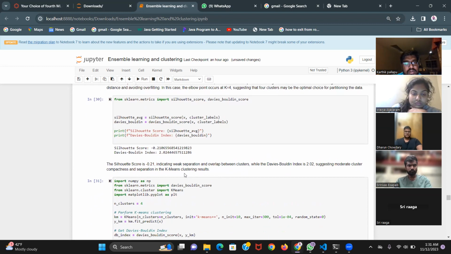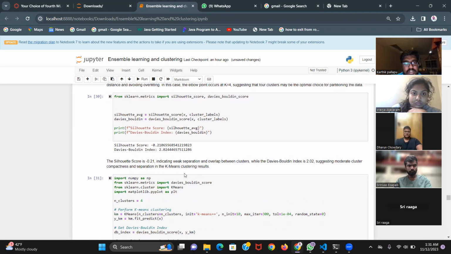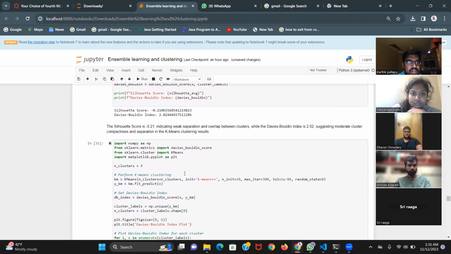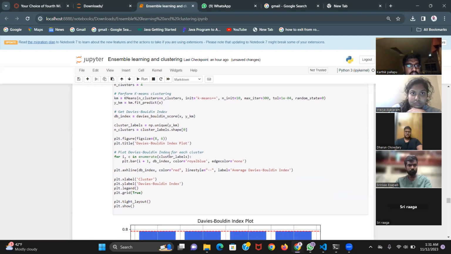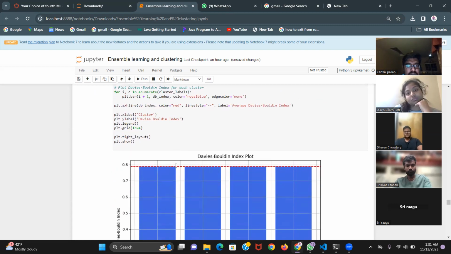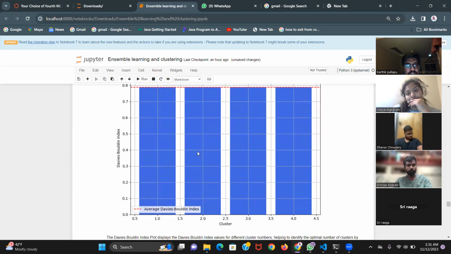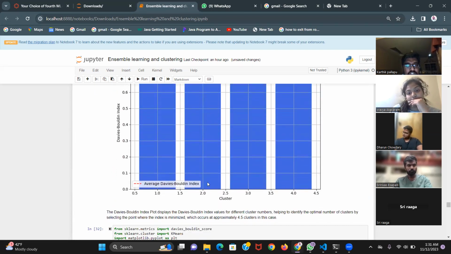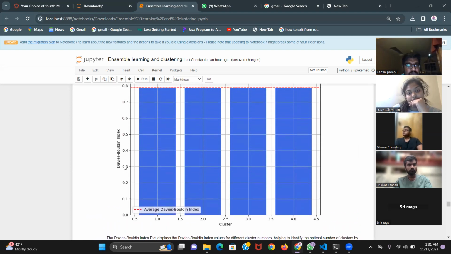This is the silhouette, the separation between the clusters, and also the deviation rule. We added extra for this, and we gave a plot of the Davies-Bouldin index for each cluster, and also the average Davies-Bouldin index from the clusters.